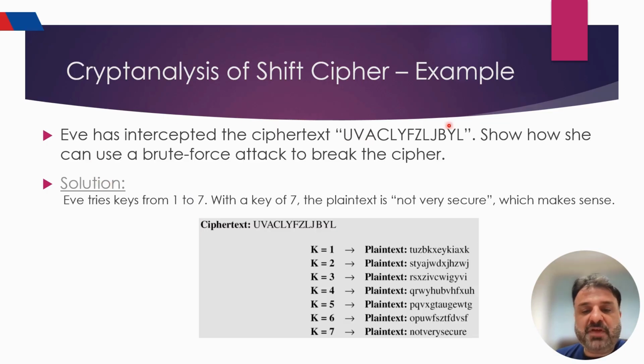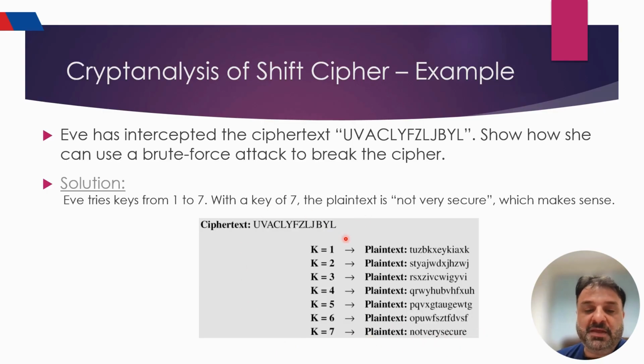We have the ciphertext like this, and we can check all the possible keys. We only have to try keys from 1 to 7. Key 1 is not a good message, 2 is not a readable message, 3 not, 4 not, 5 not, 6 not, and 7 yes, the plain text.